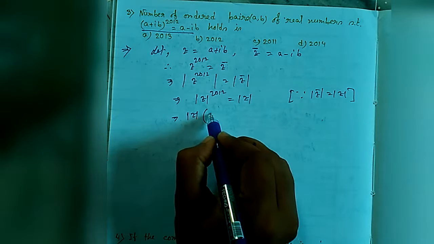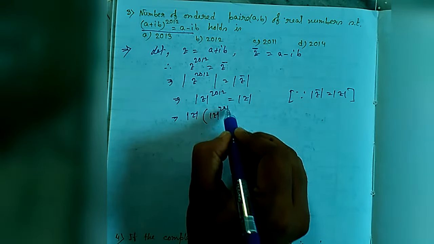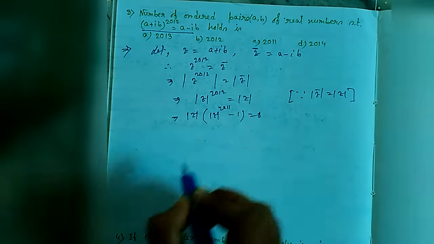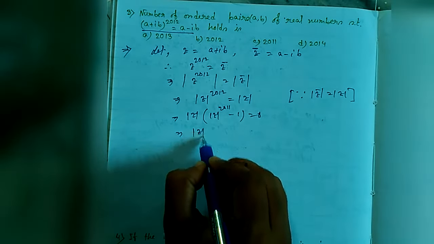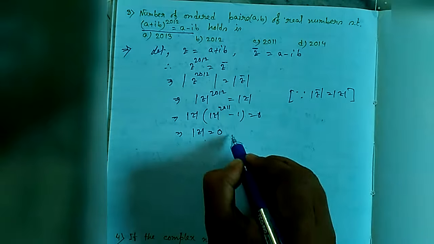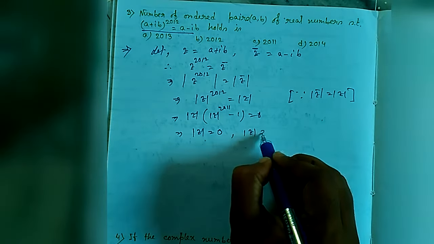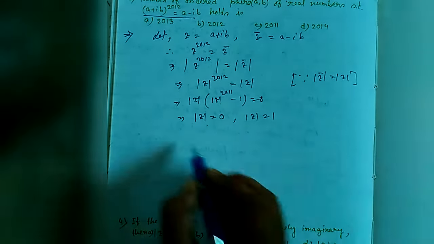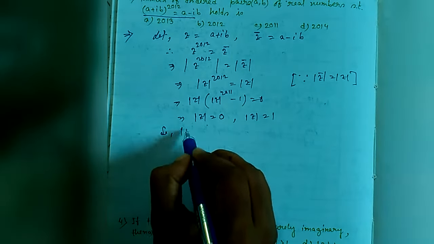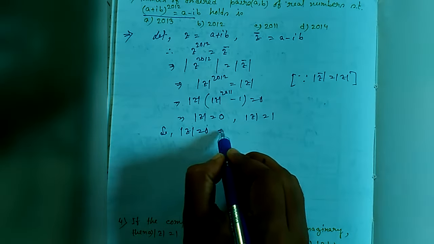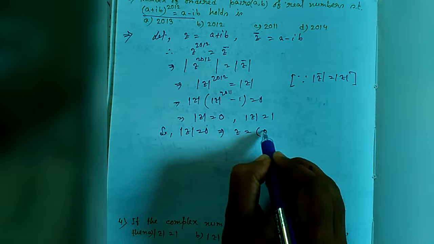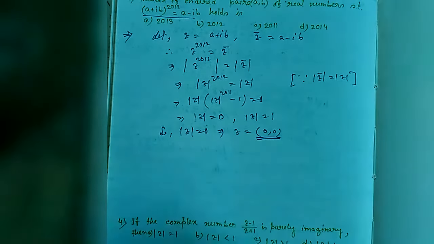So mod z to this equal to 0, that is, mod z equal to 0, or from this result we get mod z equal to 1. So when mod z equal to 0, this implies z is (0, 0).